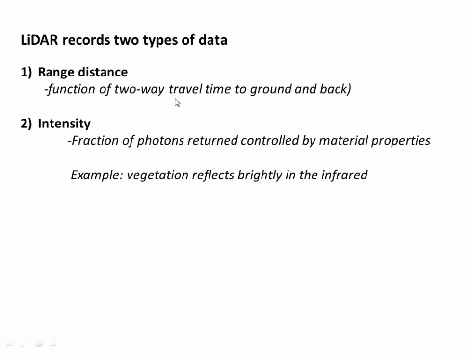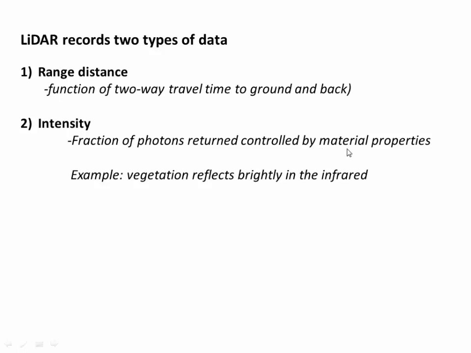The second type of data would be intensity. So this is really the fraction of photons that are returned back to the aircraft. Maybe you send out 1 billion, and maybe you only get back 500 million. So the number of returning photons determines the intensity of that radiation, and that's actually controlled by the material properties of the surface. Some surfaces are really good at absorbing the laser wavelength.